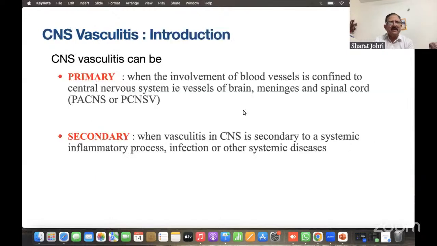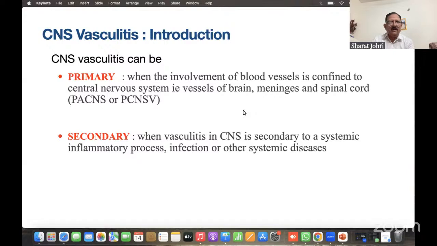So CNS vasculitis, I told you, can be primary or secondary. Primary CNS vasculitis is confined to the central nervous system, and secondary involves the CNS also, but can involve other organs also, like inflammatory processes, infection, other systems. So the main emphasis will be on primary CNS vasculitis, or primary angiitis of CNS, which I'll be covering in detail.